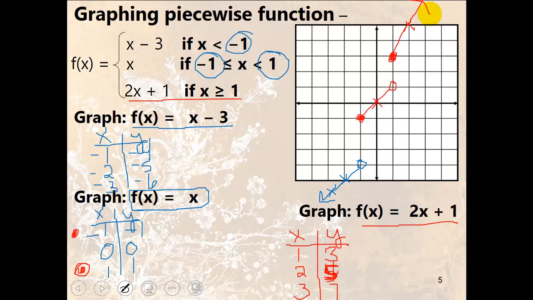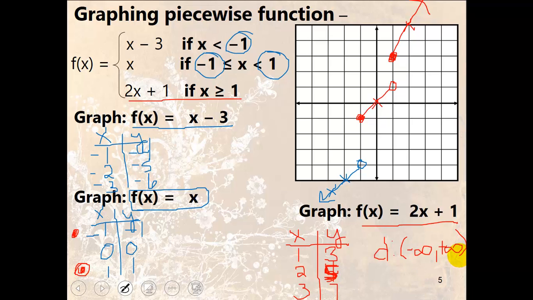All right, so we graphed it, and now our domain. We don't have any gaps, so it's going to be negative infinity to positive infinity. But we do have some gaps on the y's.